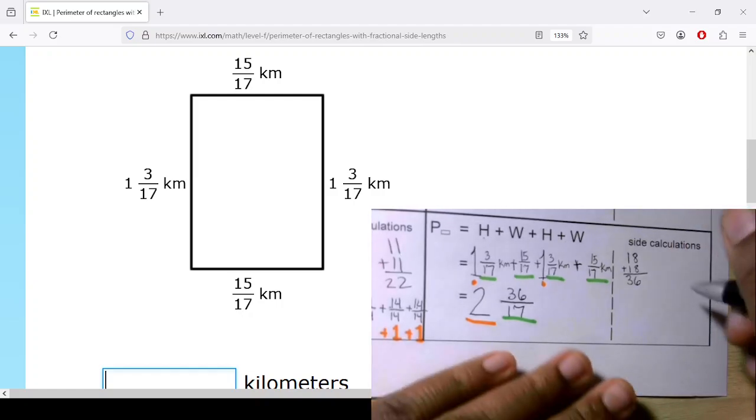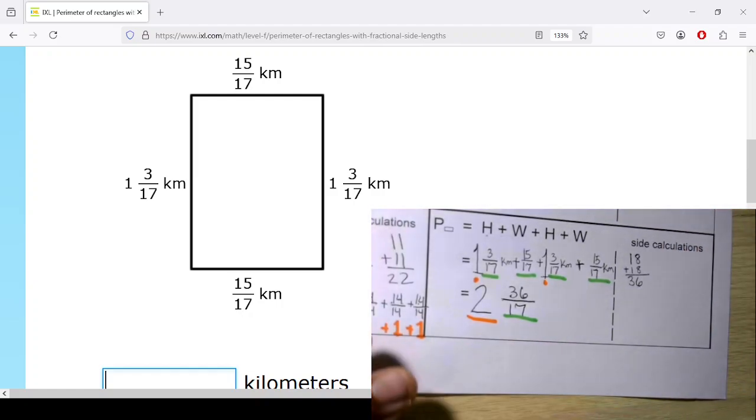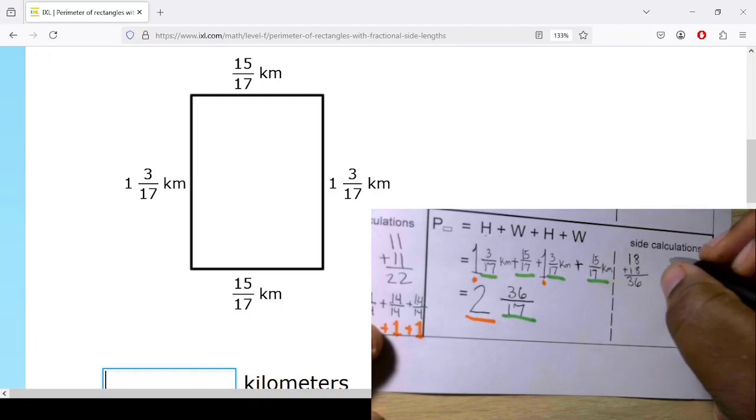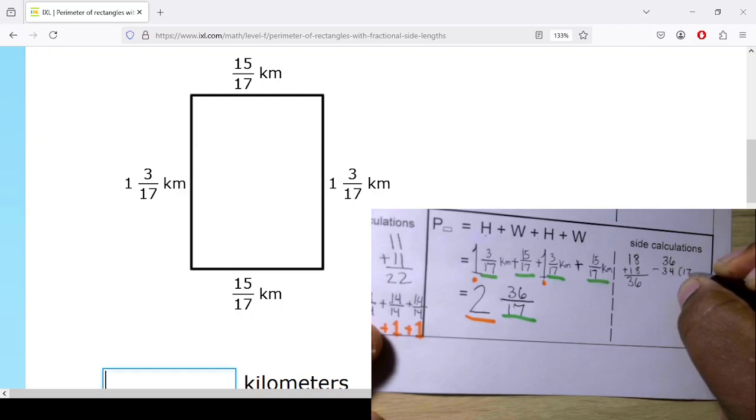Okay. I happen to know that 17 times 2 is 34. So that's 17 plus 17.